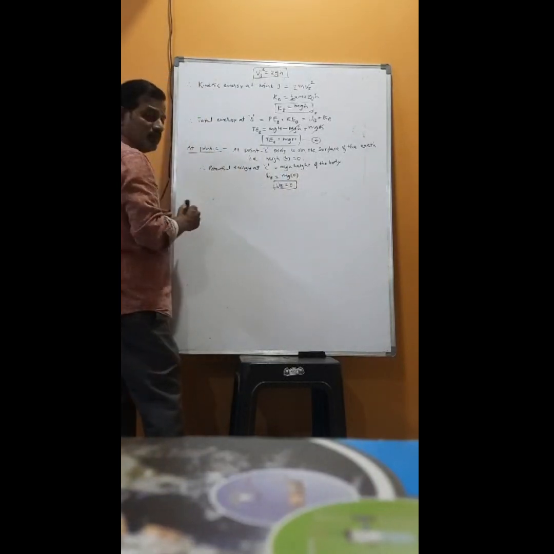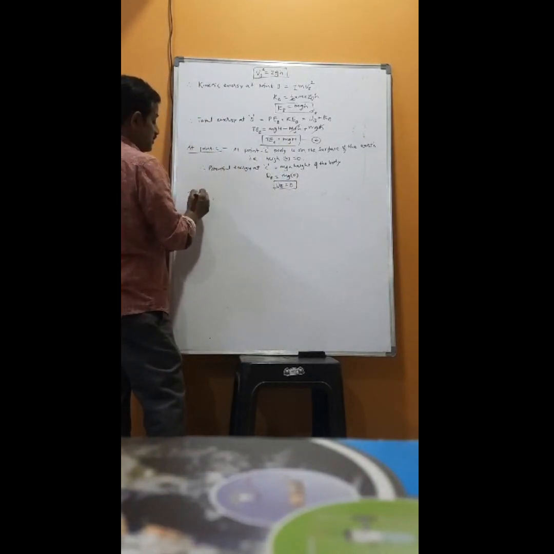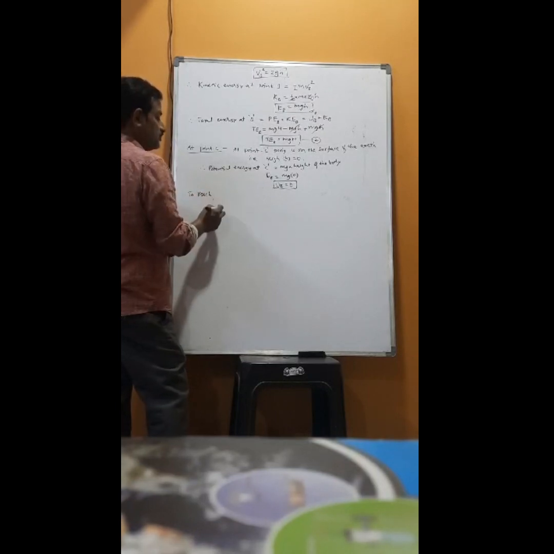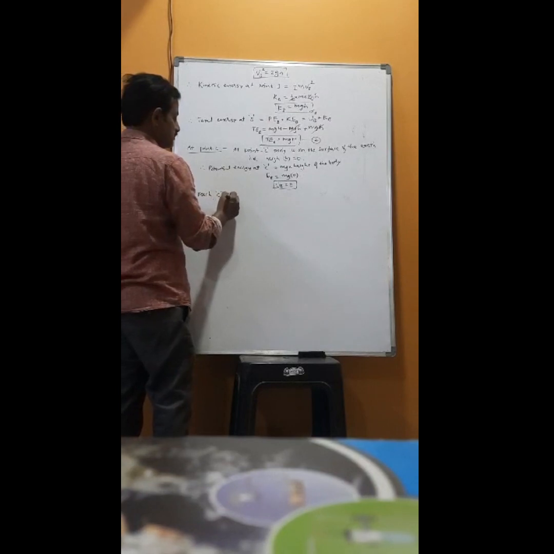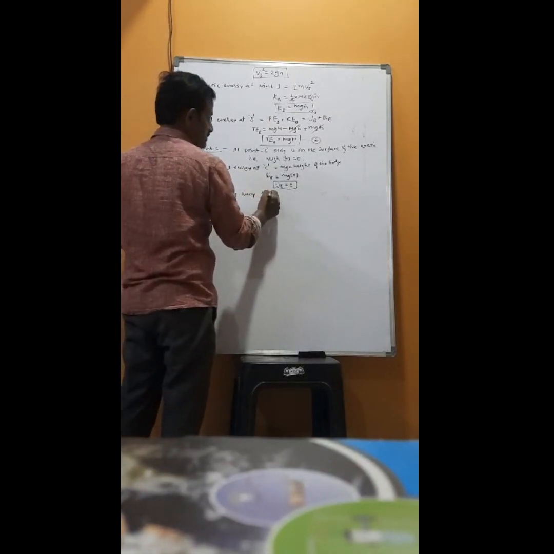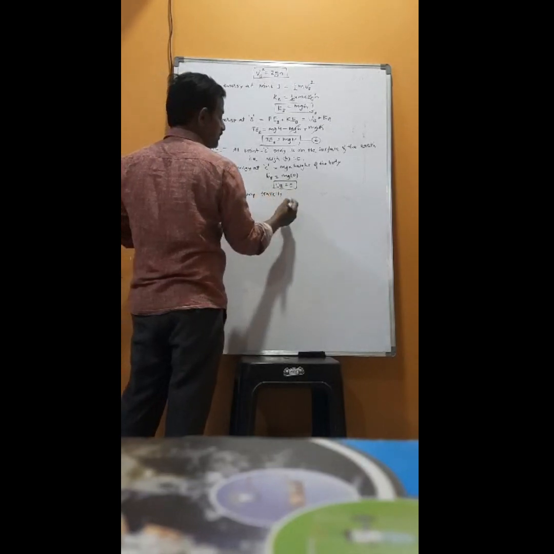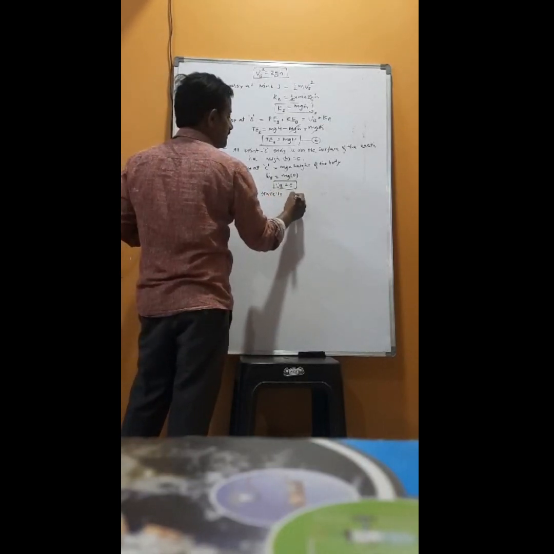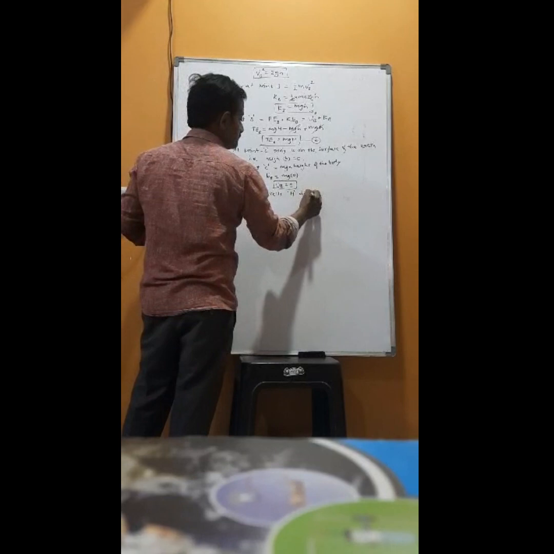Now we have to find the kinetic energy. To reach point C, the body travels capital H distance.